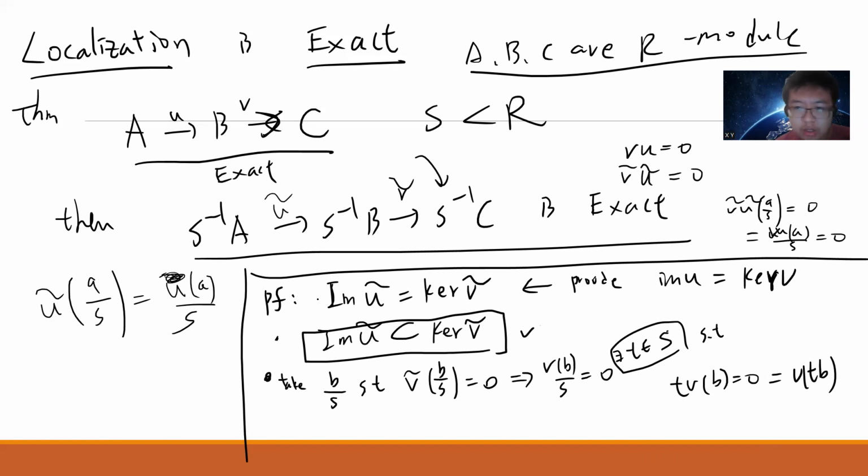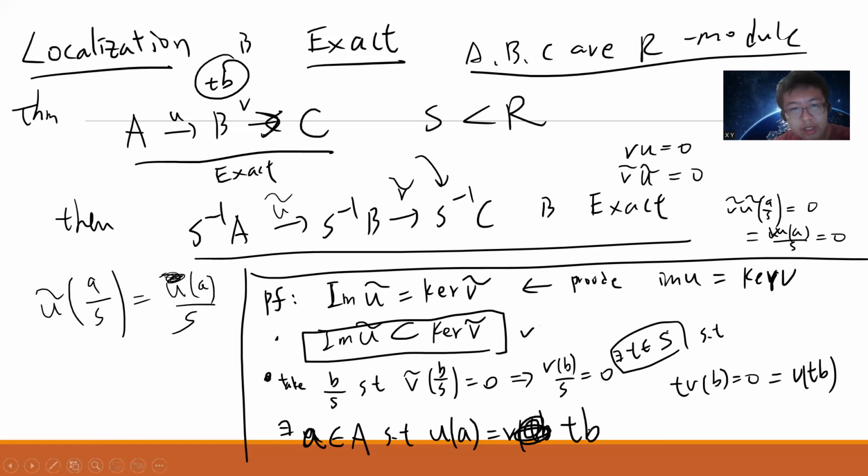But then we know that tb is here, so V(tb) is 0. That means there is an a belonging to A such that U(a) is tb. Oh, sorry, it's tb. So if you take U tilde of a divided by st, it equals U(a) divided by st, which is b divided by s.